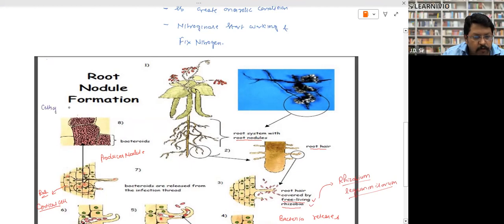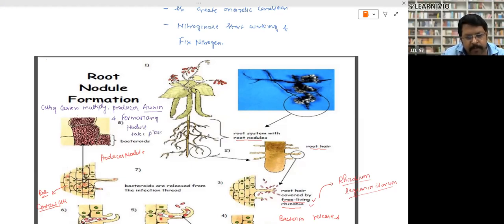Cells of cortex multiply, produce auxin. When auxin production takes place, formation of nodule takes place.